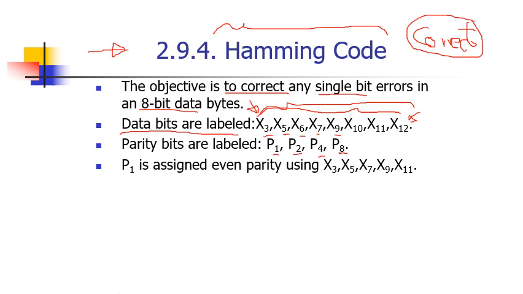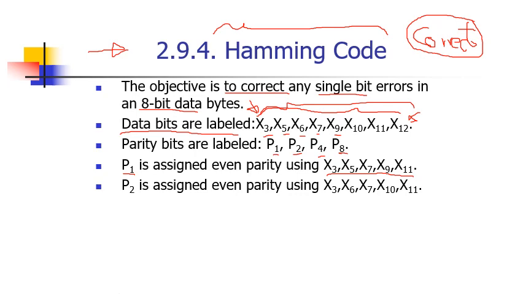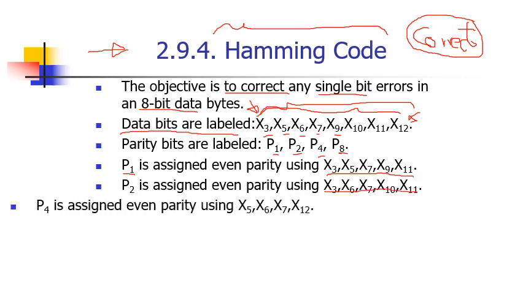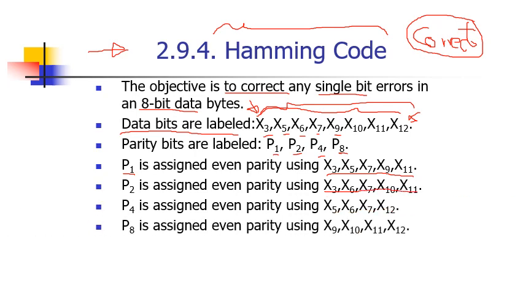For example, for the first parity bit P1, we assign x3, x5, x7, x9, x11. While for P2, the second parity bit, we assign from the message bits 3, 6, 7, 10, 11, and so on.